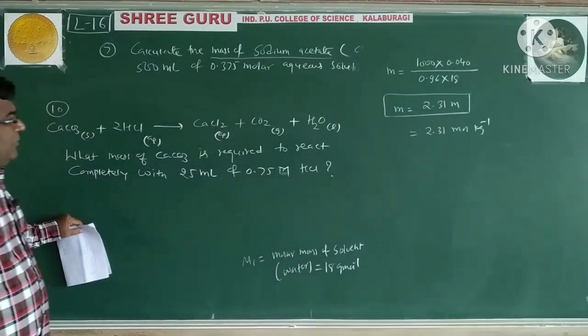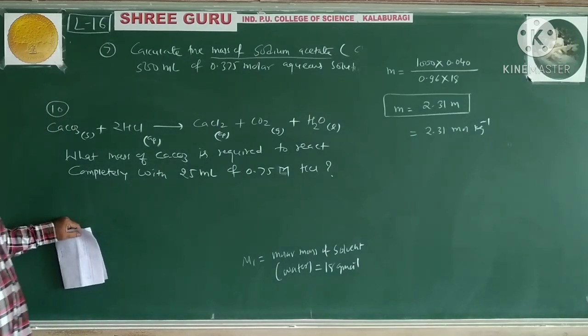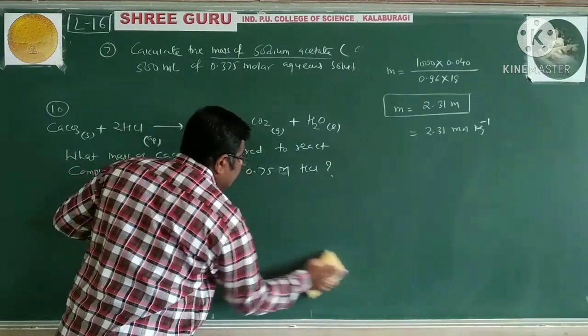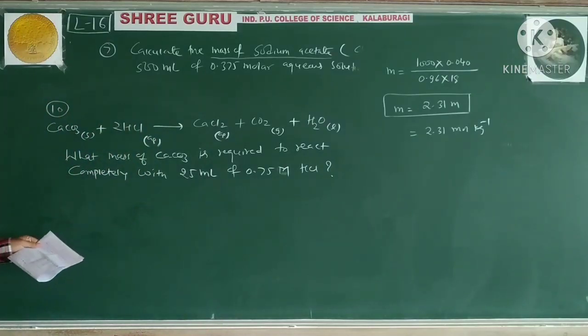So how much mass of calcium carbonate is required to react with 25 milliliter of 0.75 molar HCl?